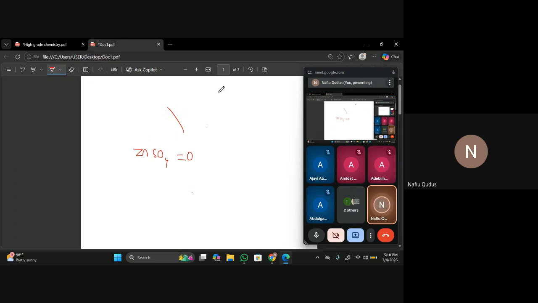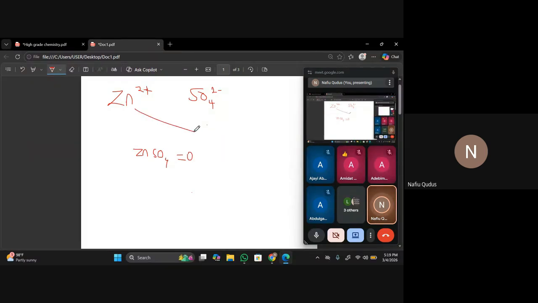Don't forget that SO4 in oxidation states is SO4 2 minus, right? Definitely Zn here, before they can match together, we must have Zn2 plus. Yes, Zn2 plus and SO4 2 minus.